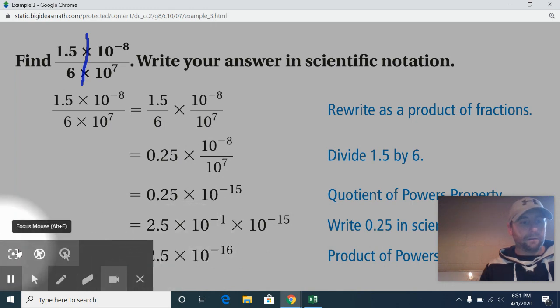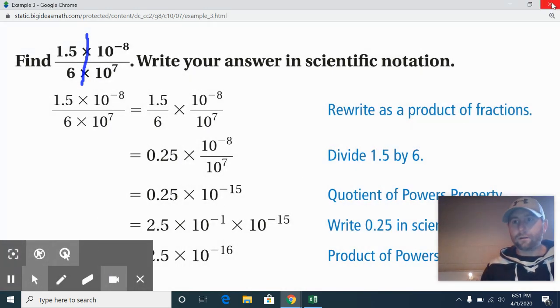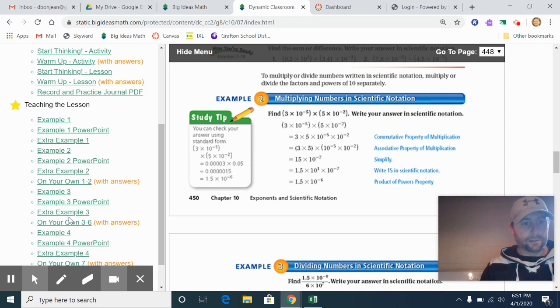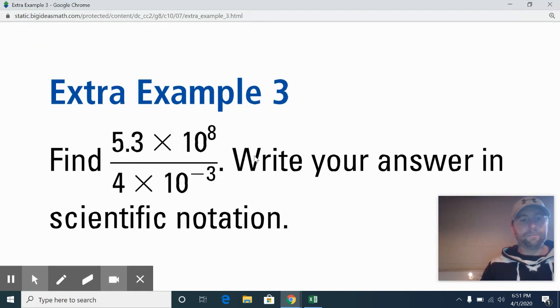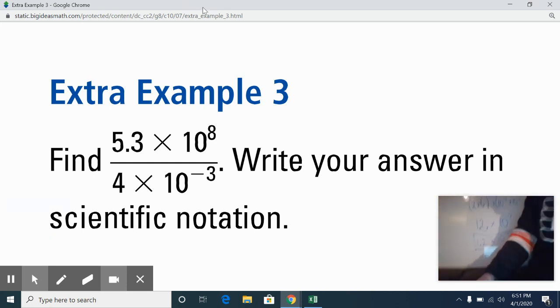All right, let me show you one more, and then I'll let you guys give it a shot in your assignment today. All right, so here's one more with division. Okay, so I'm going to split this up, right? Let me do this back here for you.